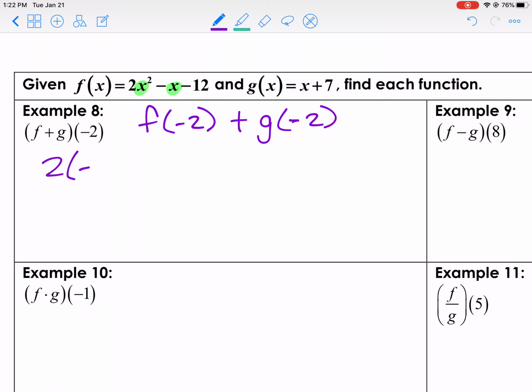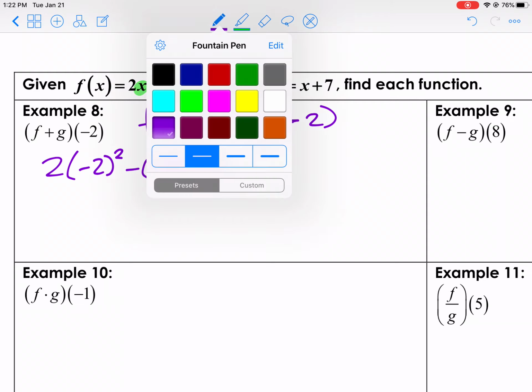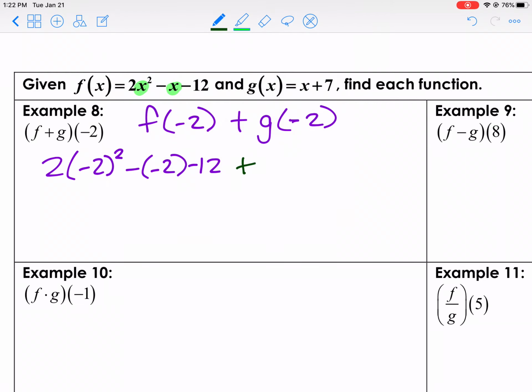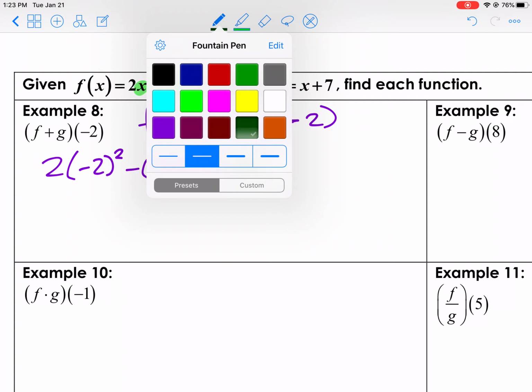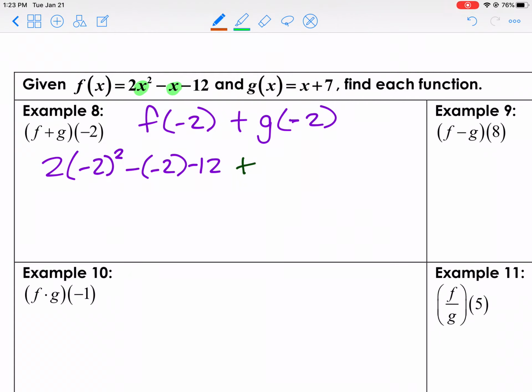So I'll have 2 parentheses -2 squared minus parentheses -2 minus 12. Then I'm going to add that to g of -2. And g of -2 is, we're going to replace the x with -2, -2 plus 7.